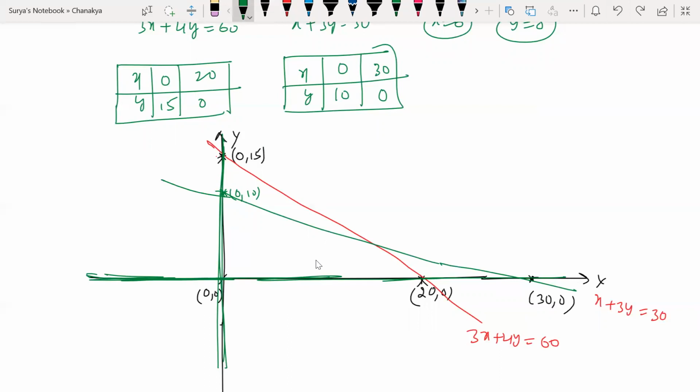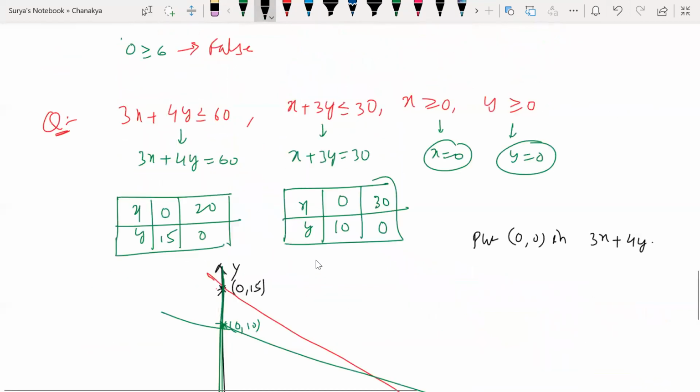What is the common region now? Tell me. First of all, not the common region. We have to identify the solution region of the particular red line. If I take 0 comma 0, put 0 comma 0 in 3x plus 4y less than or equal to 60.